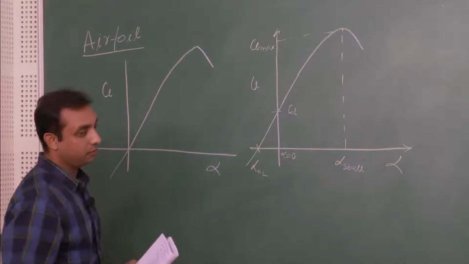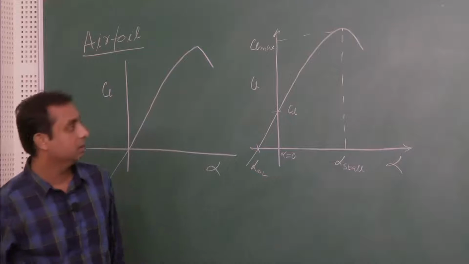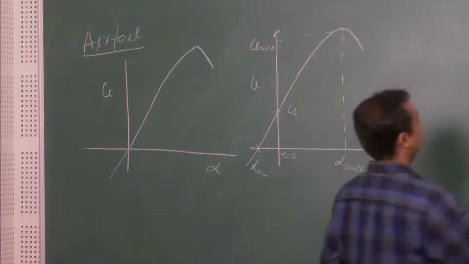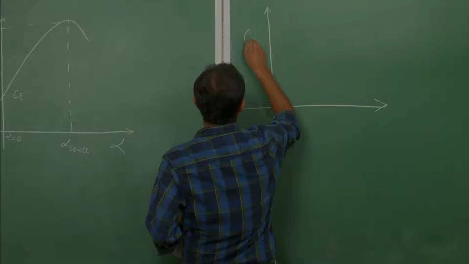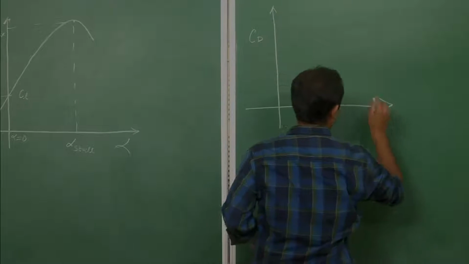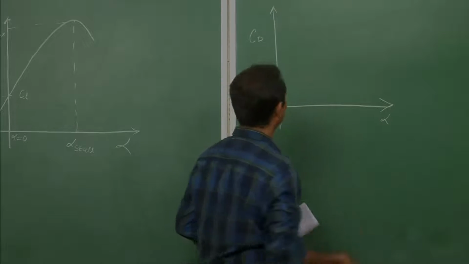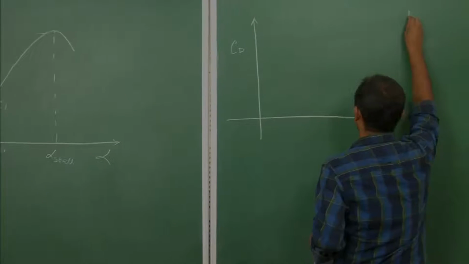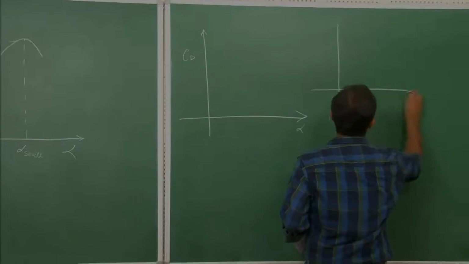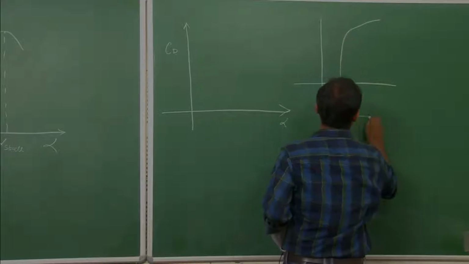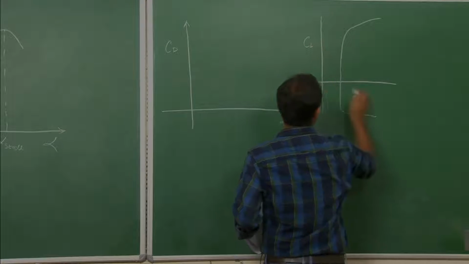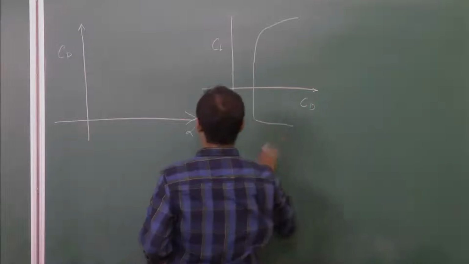Now, the second graph which I will be focusing on is CD versus alpha, drag coefficient versus angle of attack, or in some cases instead of CD versus alpha you will see a CL versus CD graph.